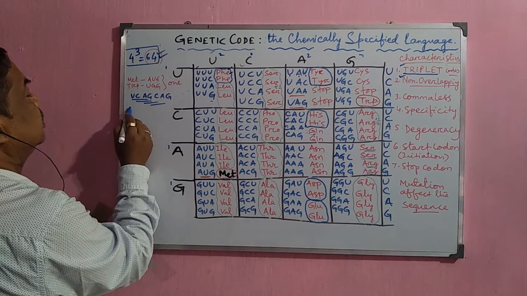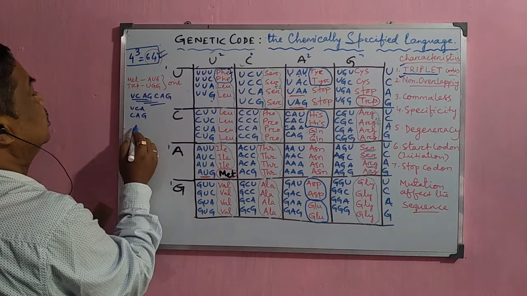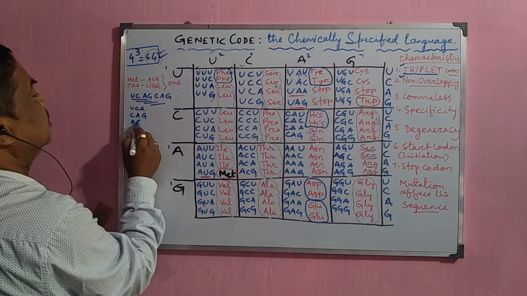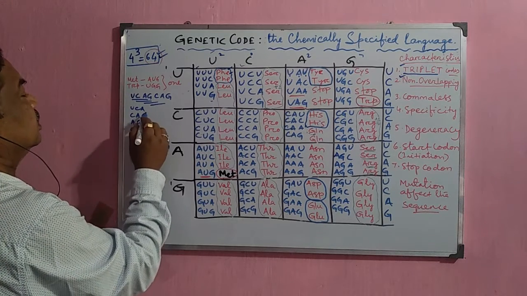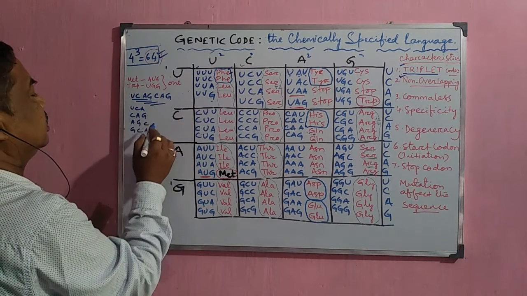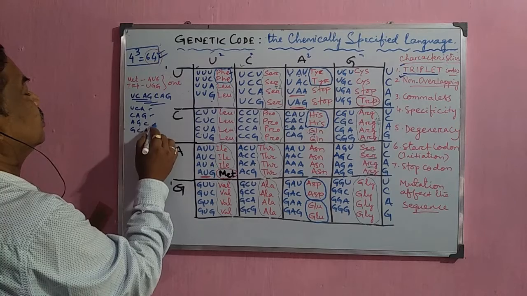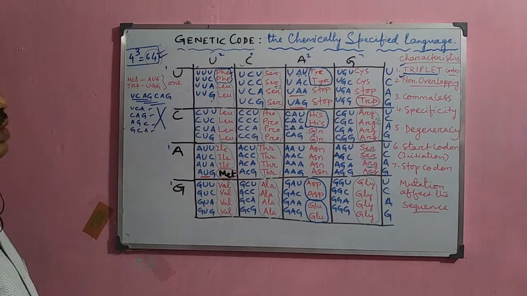Then the codes will be UCA, then CAG, then AGC, GCA, like this. So from these 7 nitrogenous bases, you would find so many codes. But this type of overlapping is not there.